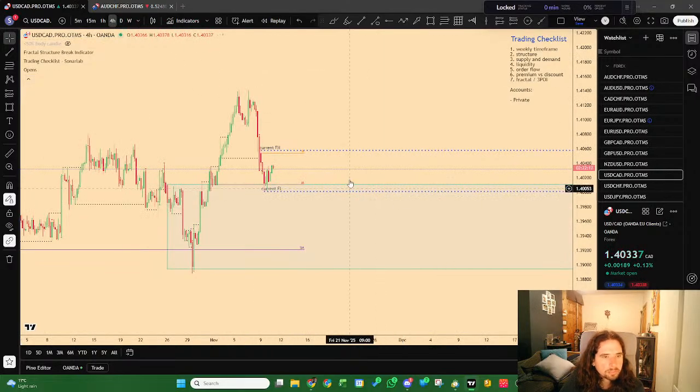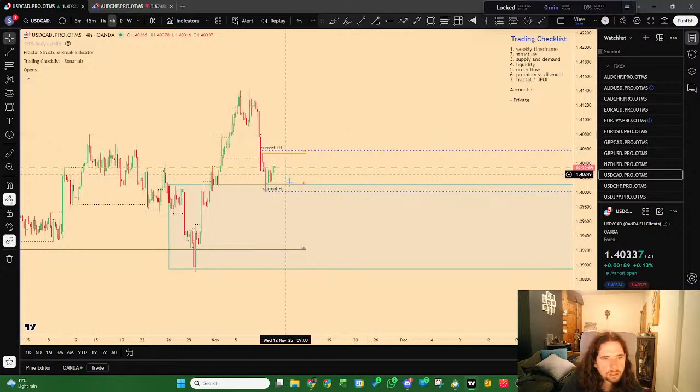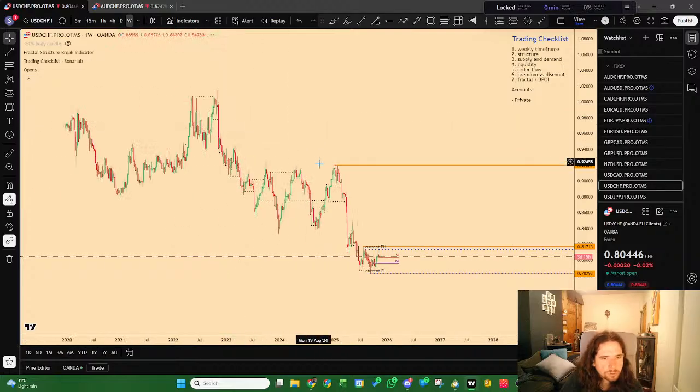There's not that much. There might be a little bit of liquidity here, but otherwise, we could probably go back and then go back up further. Okay.